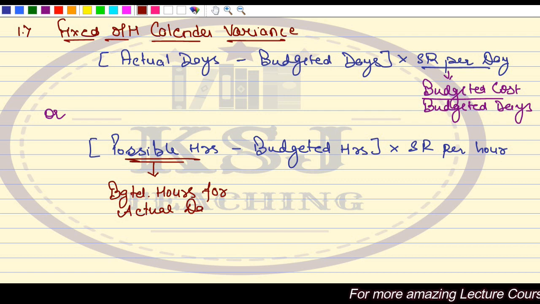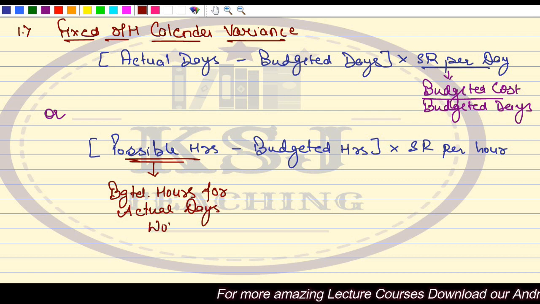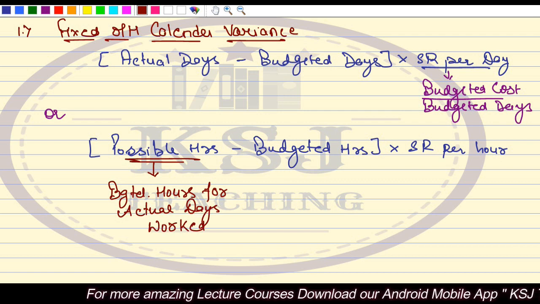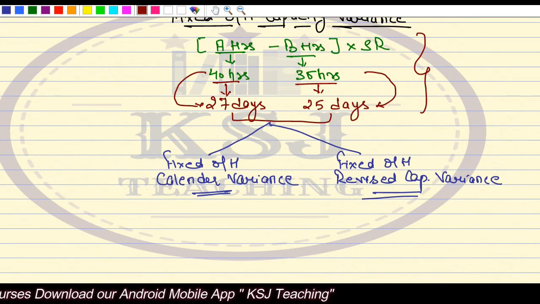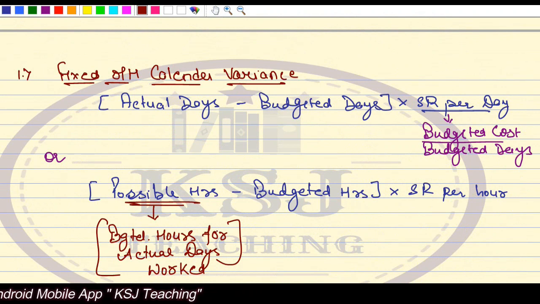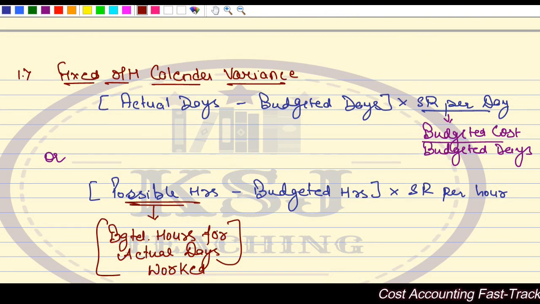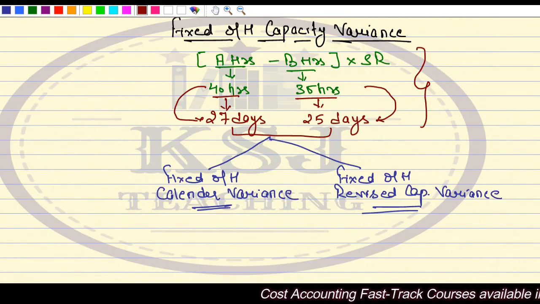For the actual number of days, that is for 27 days, what is my budgeted hours? Budgeted hours, not the actual hours. If we are calculating the budget, you want to see what the variance will be due to these 27 and 25 days.